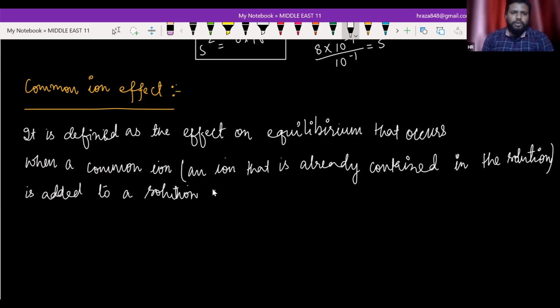So basically, it is defined as the effect on equilibrium that occurs when a common ion is added to a solution.